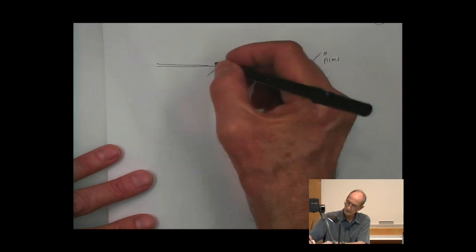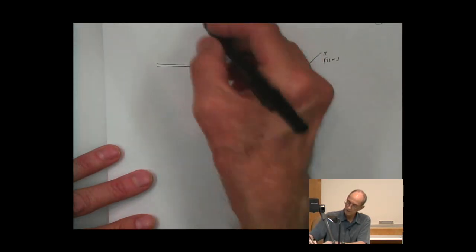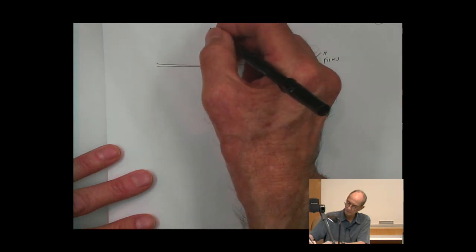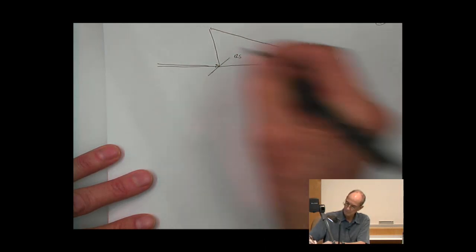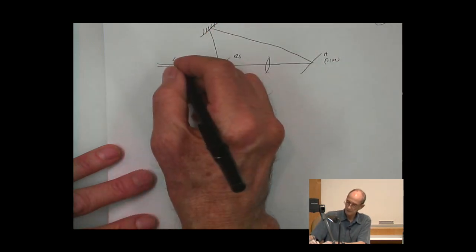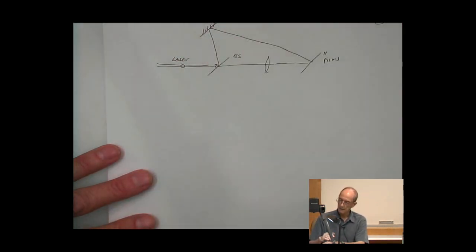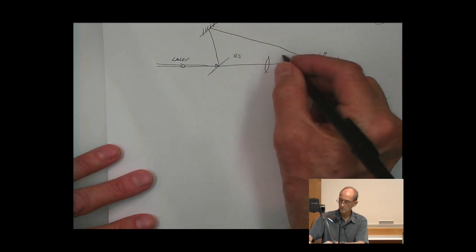So we could think maybe we could do it like this, where here's our laser coming in, and we put a mirror out here and do it like this, and then we can get our 20 degrees that we were wanting.